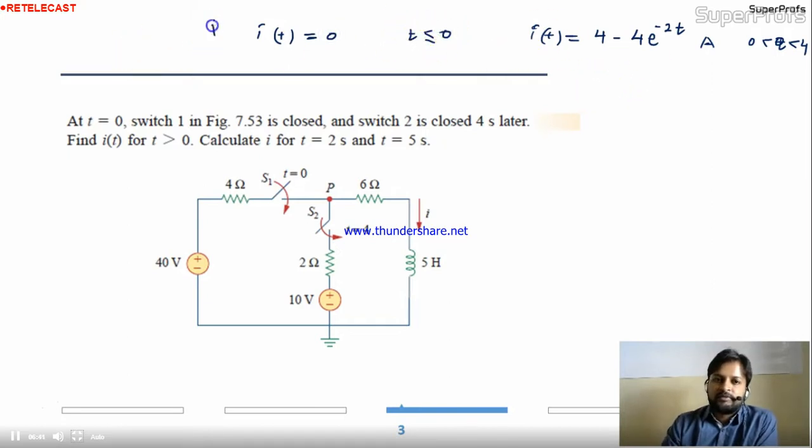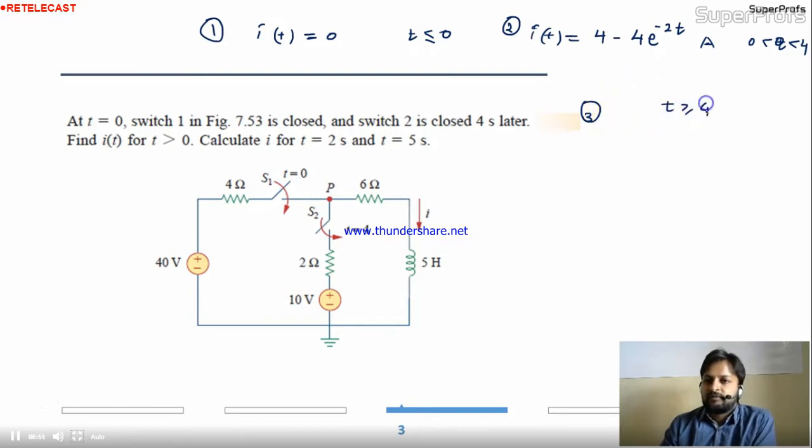Now, the first one is over, the second one is over. Now come to the third one. And the third one is saying that when t is greater than or equal to 4 seconds. Okay. So we are introducing this circuit in the entire circuit at t equal to 4.